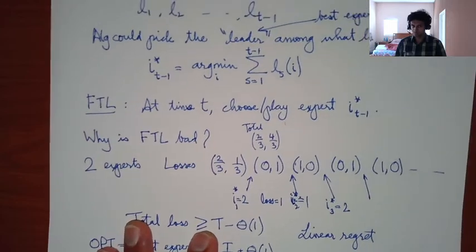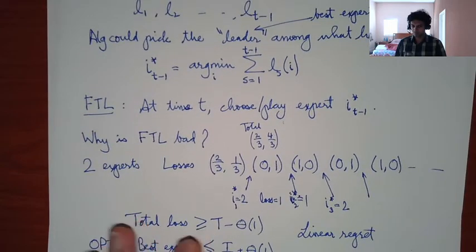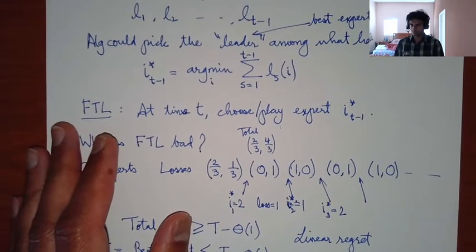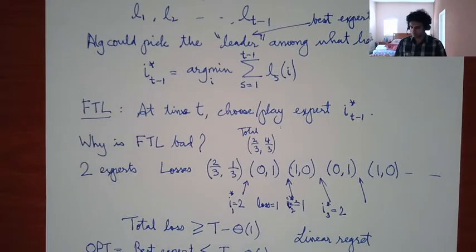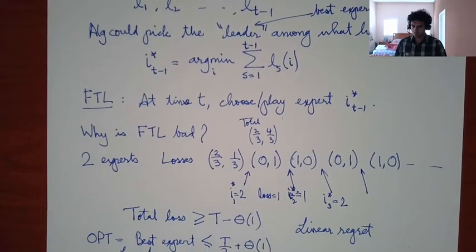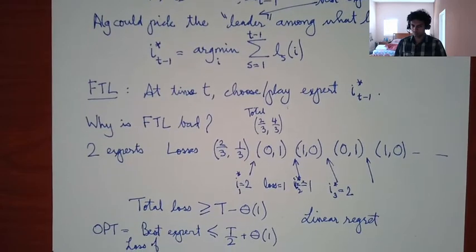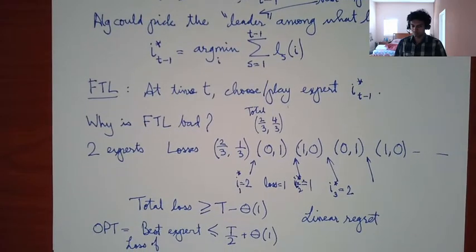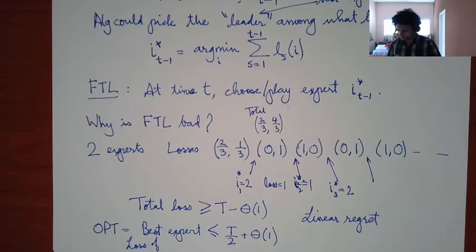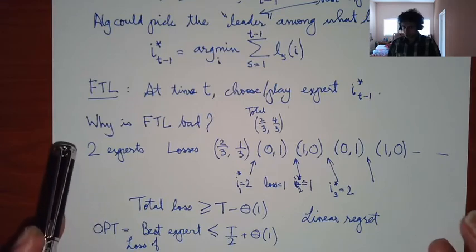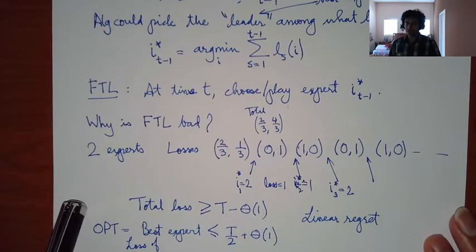Questions? Sorry, my question is why we choose 2 experts such that we have 2 different loss functions. I'm giving you a bad example.